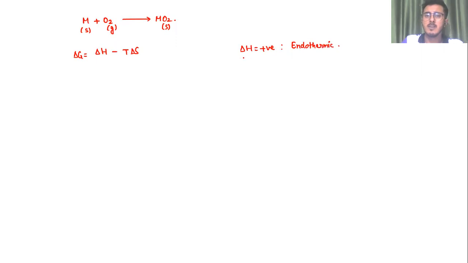Similarly, if your delta H is negative, it is known as an exothermic reaction. That is, heat is liberated from the system if this reaction occurs. Such reactions are known as exothermic reactions.